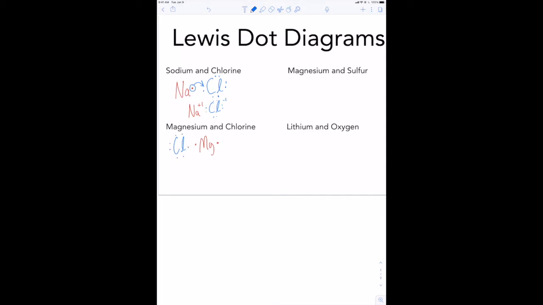Now what you will notice is that in order for chlorine to get 8 valence electrons, it's going to take an electron from magnesium. So this chlorine is energetically stable because it has a full octet. However, magnesium still has one more valence electron it wants to get rid of.